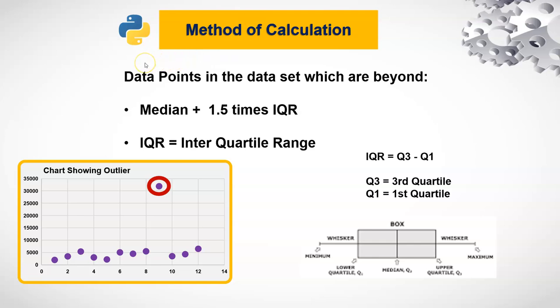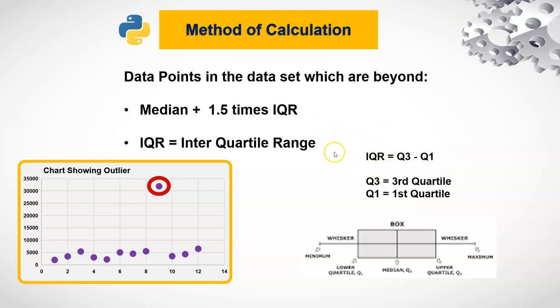One way is that we calculate the median of that numerical variable. We also calculate the quartiles, specifically quartile 3 as well as quartile 1, and we take the difference, quartile 3 minus quartile 1, which gives us the interquartile range.